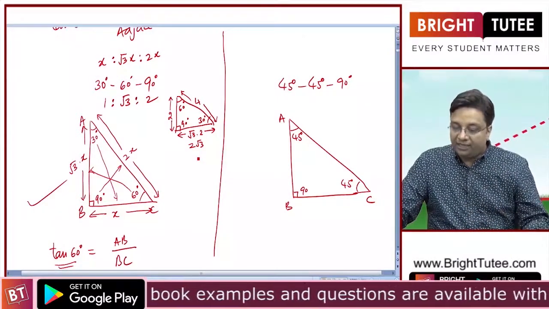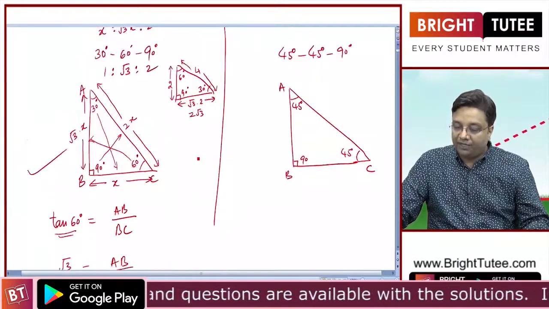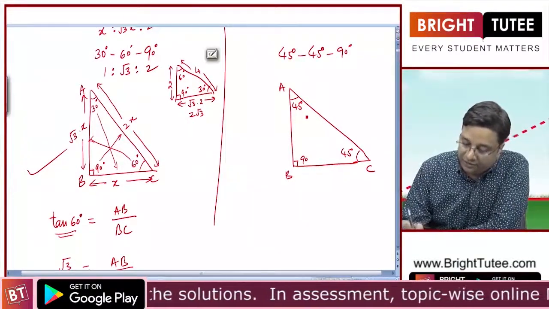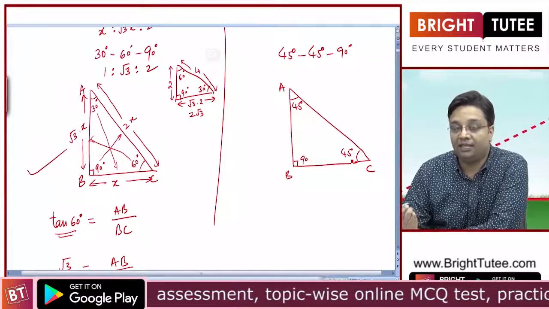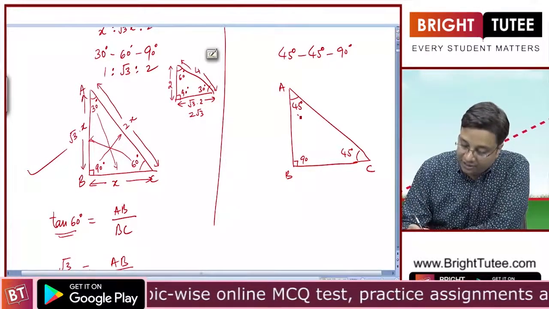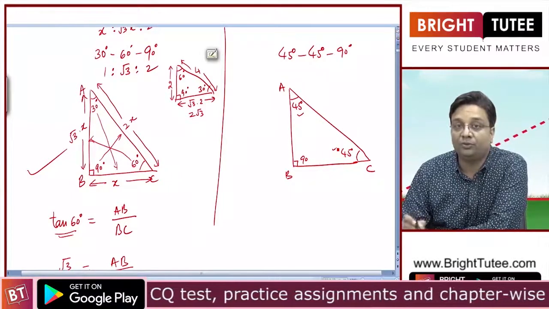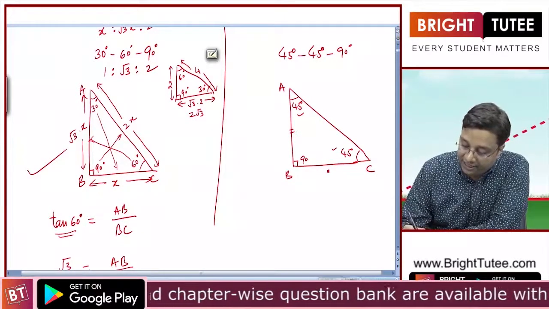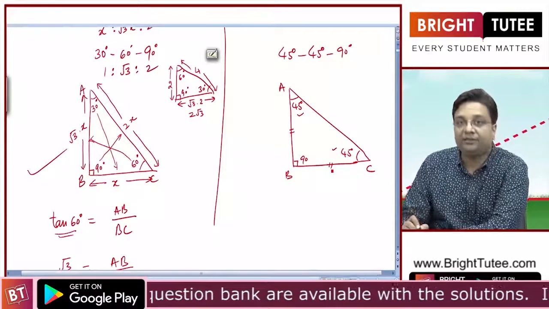And similarly, in a 45, 45, 90 triangle, see, a 45, 45, 90 triangle is essentially an isosceles triangle. These two angles are equal, so the opposite sides to these angles are also equal. So this side AB is equal to side BC.